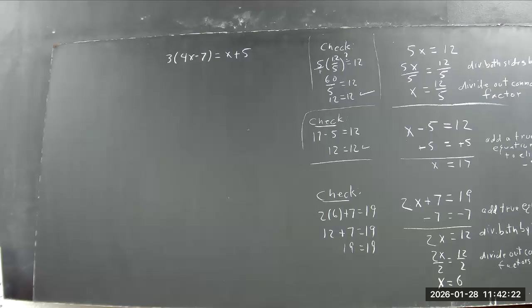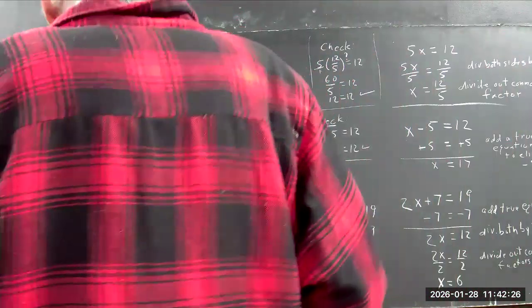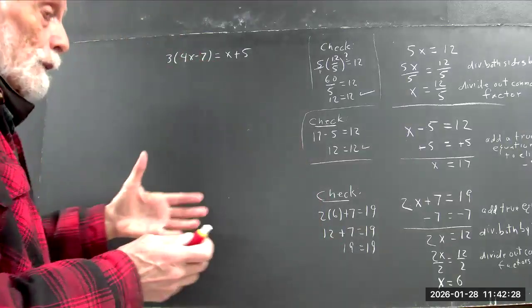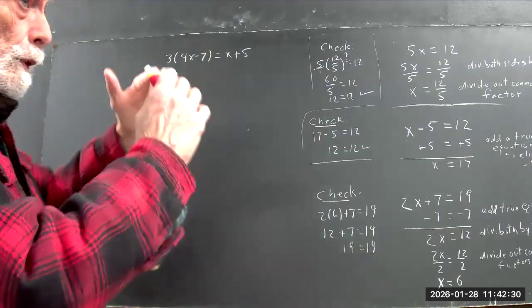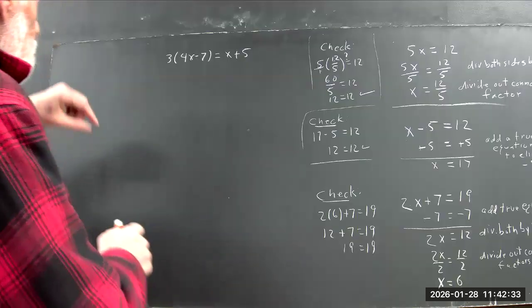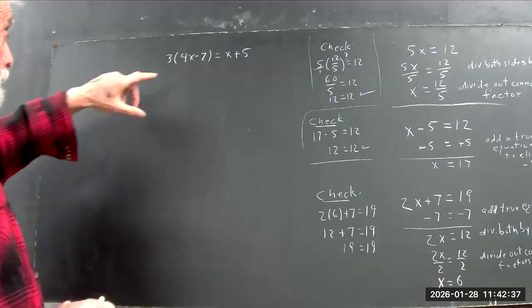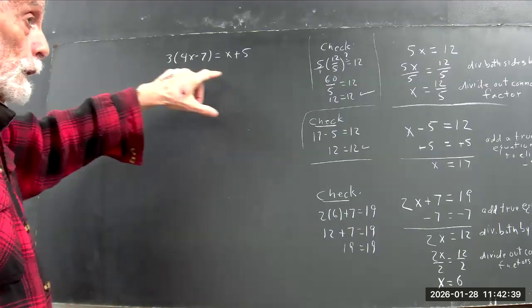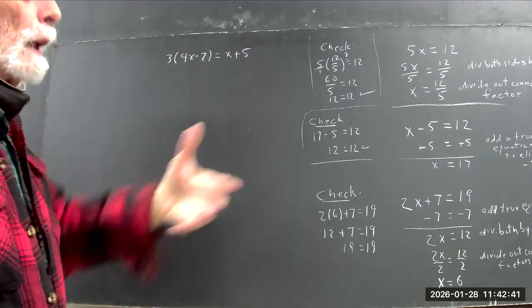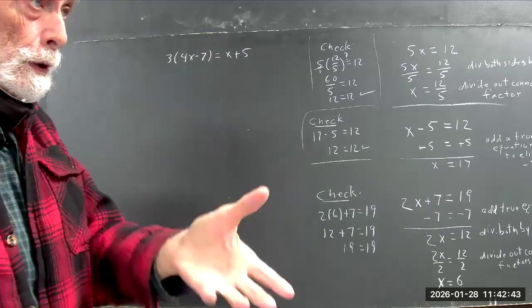Okay, we have two solutions. One person just sent the raw solution. Another person showed every step. Okay, so the first step that we want to take is to use the distributive law to multiply this out. Now remember, I'm not talking just to the people who are attending today.